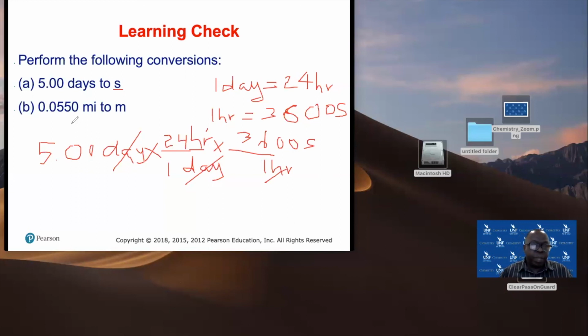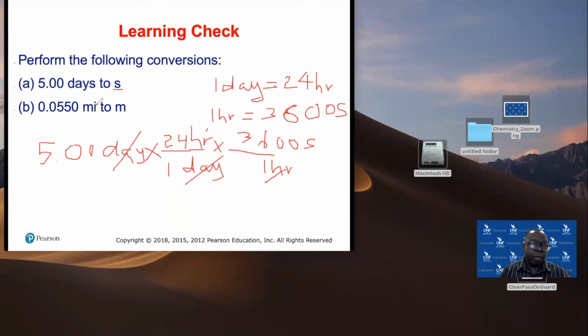You can do the same thing for B, miles to meters. If this was my Mastering Chemistry assignment, they expect that you have the text or any other resource to look for an equivalent statement you can relate between miles and meters.